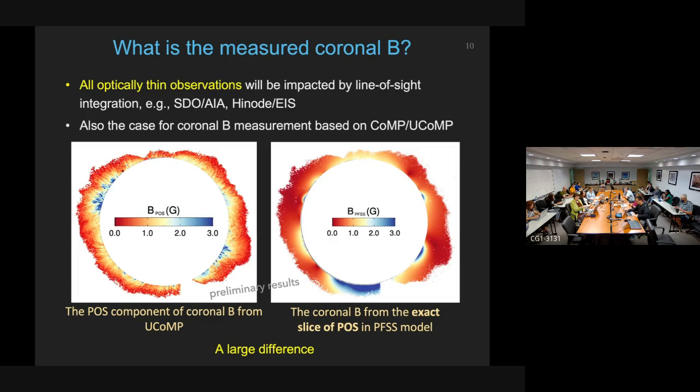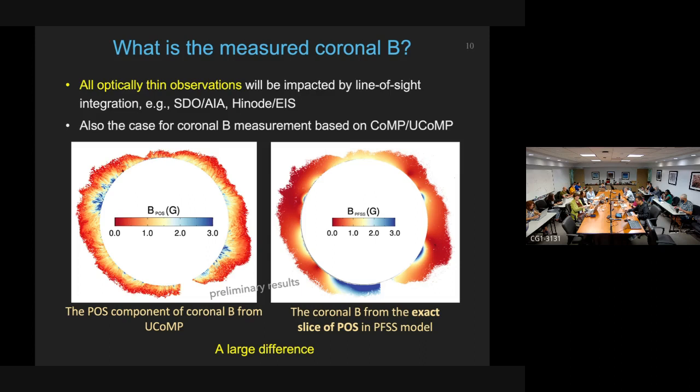Because we know all optically thin observations will be impacted by the line-of-sight integration effect, for UCoMP, CoMP, but also for imaging observations such as from AIA and spectral observations from IRIS. So if we simply assume that the magnetic field map we derived from UCoMP is the exact plane of sky component, we can do a comparison between the observation and model.